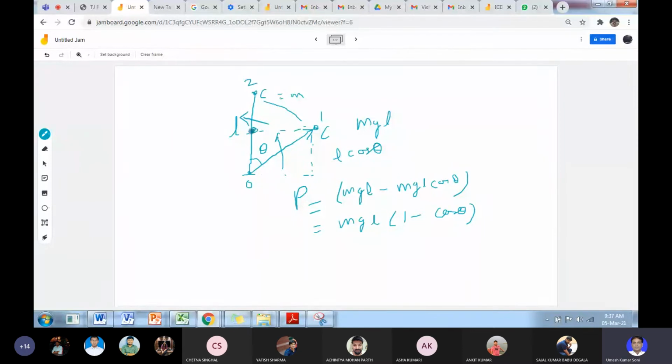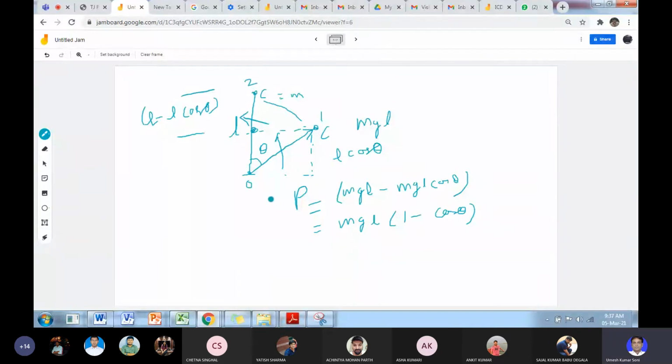That is the work done in terms of energy. So this distance is L minus L cos theta, multiplied by mg. Then the total potential energy imparted is mgL(1 minus cos theta).